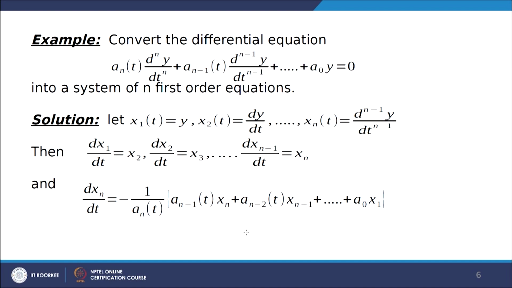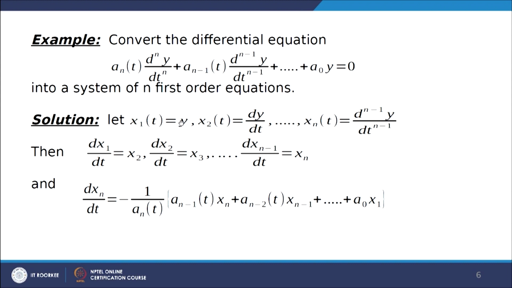Now, let us for example convert the differential equation an(t) d^n y by dt^n plus an minus 1(t) d^(n minus 1) y by dt^(n minus 1) and so on, plus a naught y equal to 0, into a system of n first order differential equations. Now, as we have said, we will put x1(t) equal to y, x2(t) equal to dy by dt, and xn(t) equal to the n minus 1th derivative of y with respect to t.